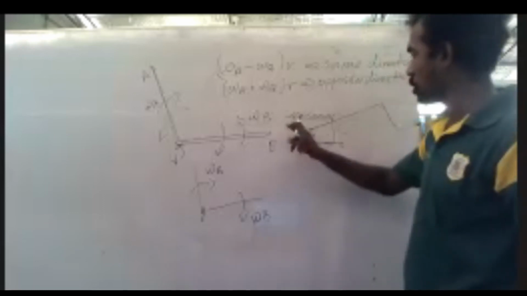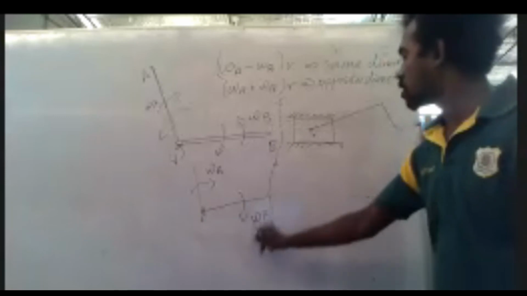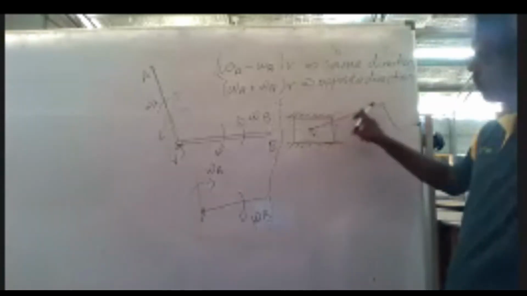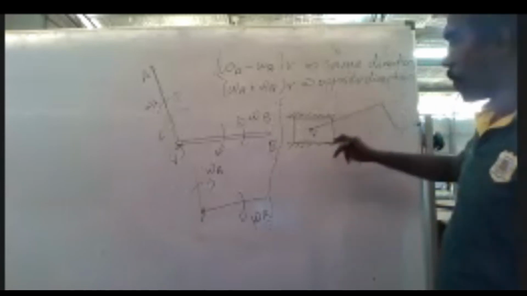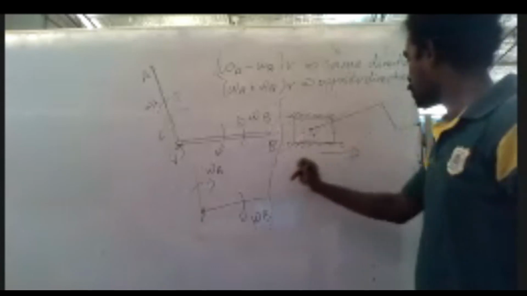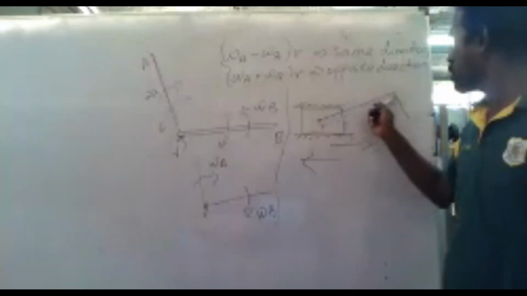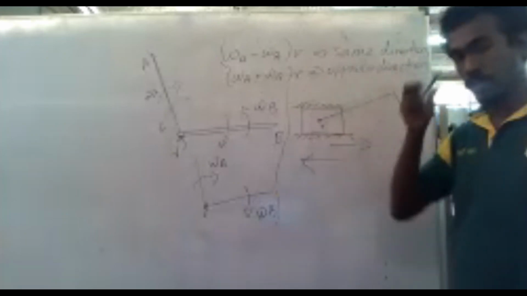Say, for example, in a spiral drive mechanism, this is a turning member, which is going to turn, but this one is a sliding member, which is going to go only backward and forward.